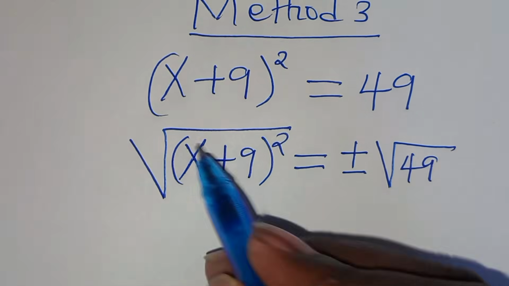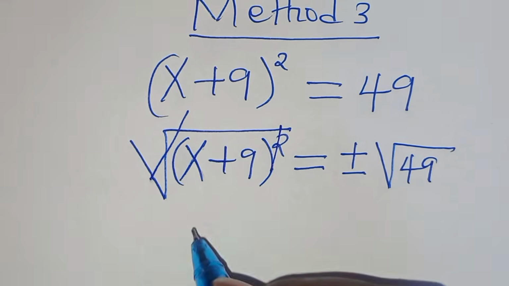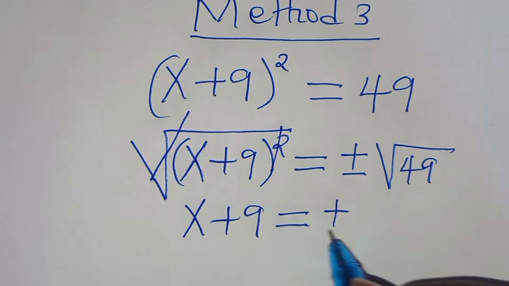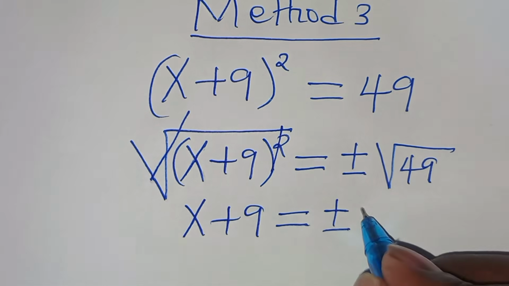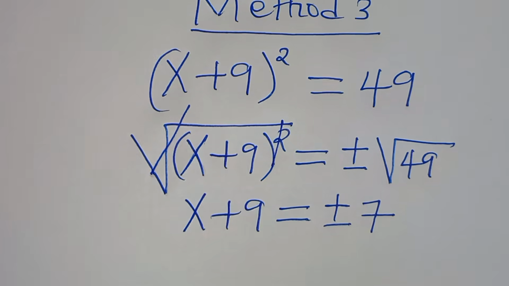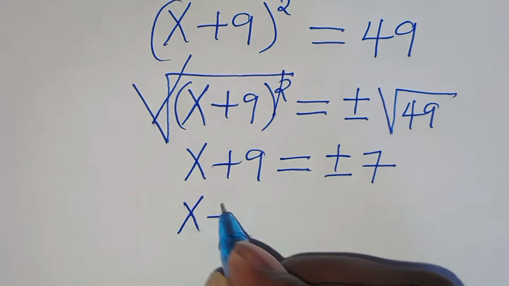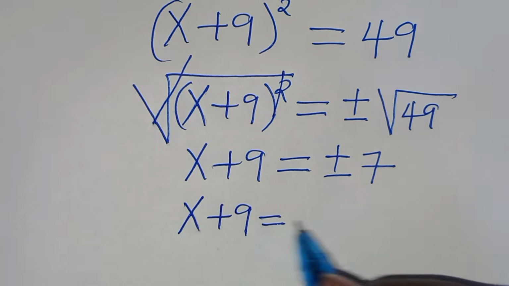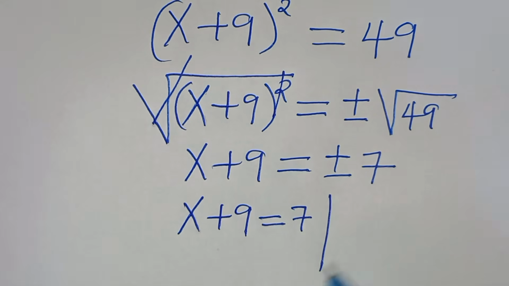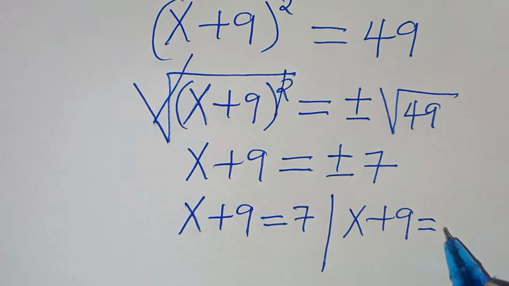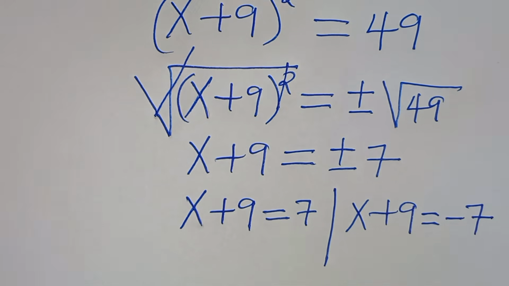Now let's eliminate the square root sign, so that x + 9 is equal to plus or minus 7. This means that we have x + 9 = 7, and x + 9 = negative 7.